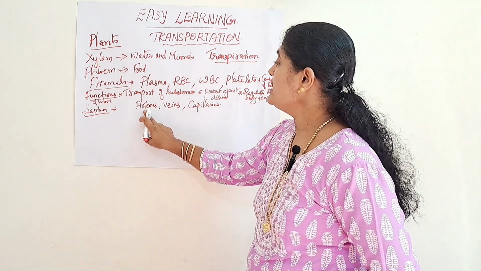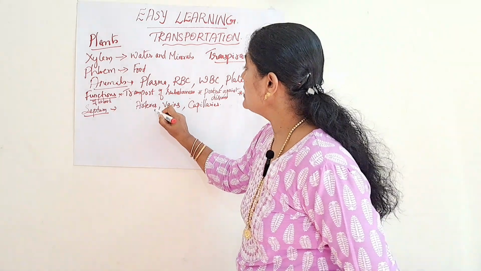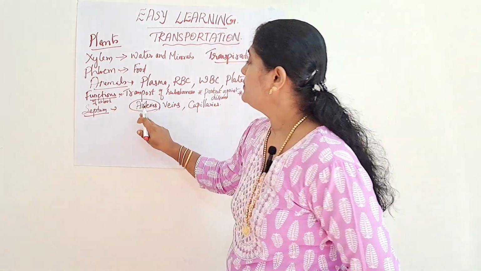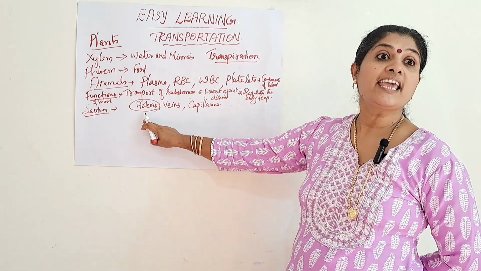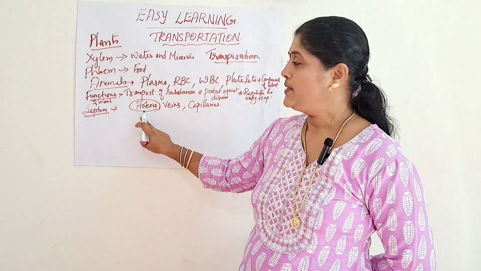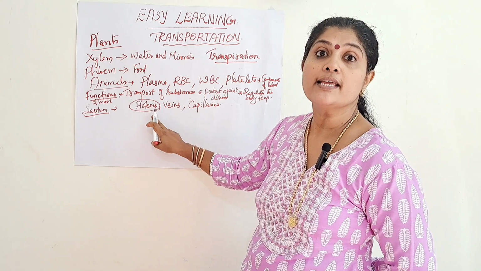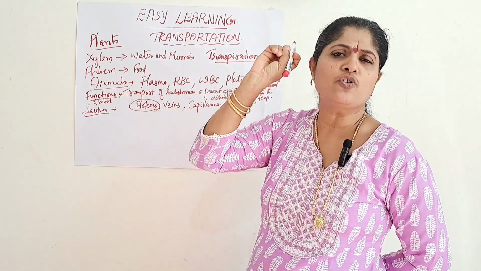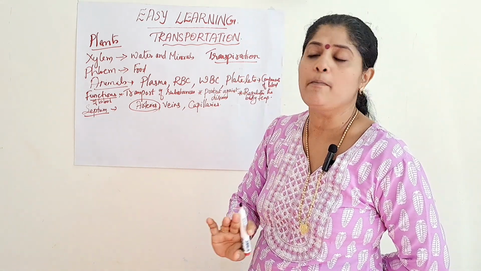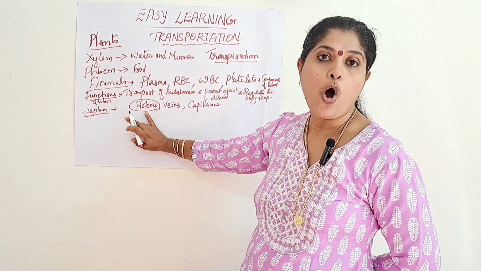Okay. So, among these, arteries are considered to be thick-walled blood vessels. The arteries are thick-walled blood vessels. And why are the arteries thick-walled? It is always repeated for the board exam. Why are the arteries thick-walled?